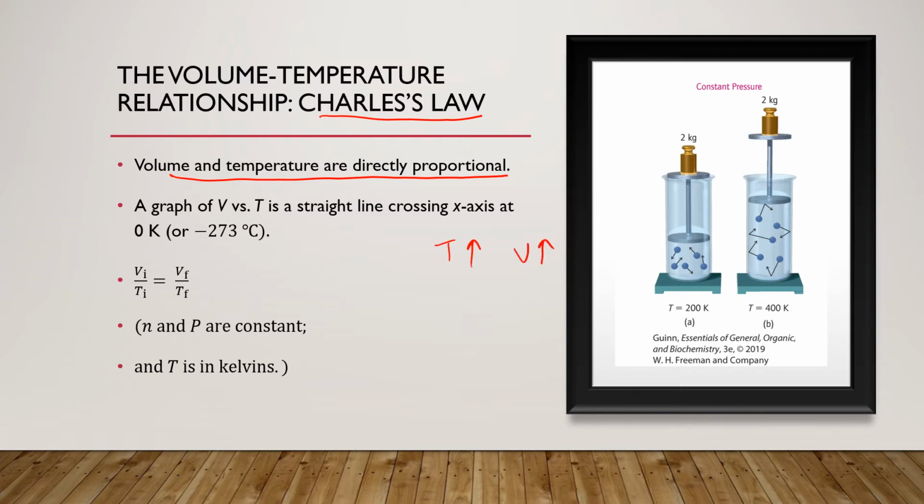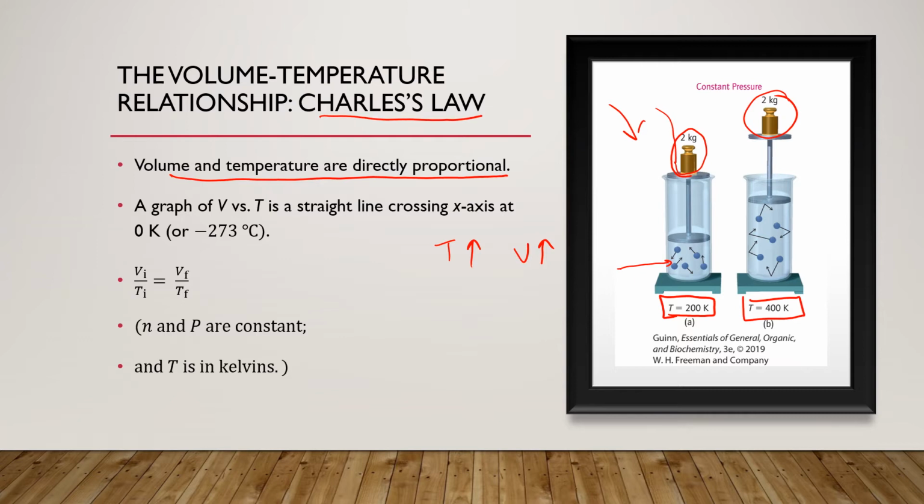For example, in this picture, you can see two containers that both contain the same amount of gas and have the same pressure because the mass holding the piston is the same. The first gas is at 200 Kelvin and the other gas is at 400 Kelvin.